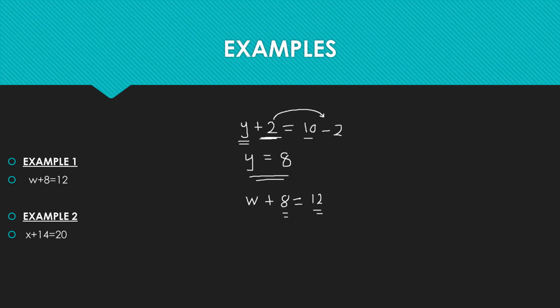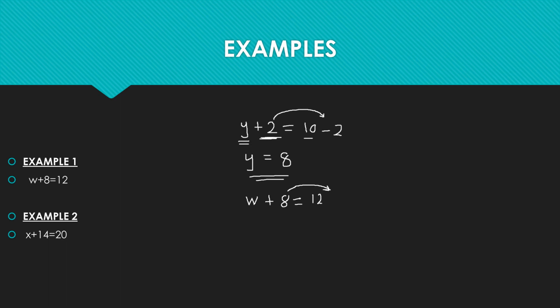So we are going to cross 8 to the other side of the equal sign. On the left-hand side of the equal sign, we are going to remain with w. So you bring 8 to the other side of the equal sign, and as you bring number 8, consider this.